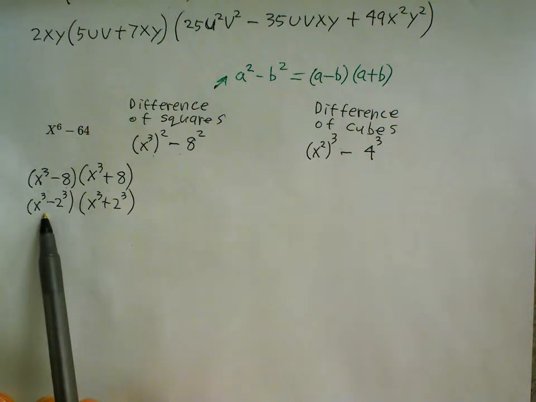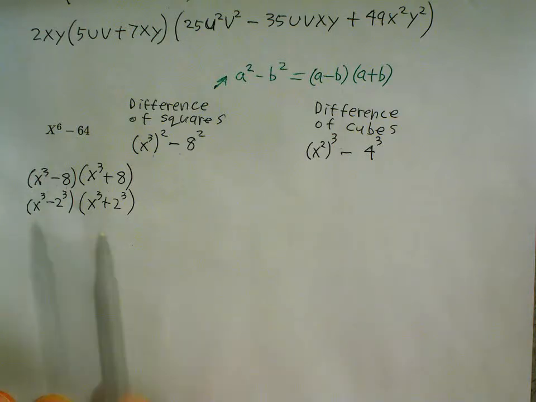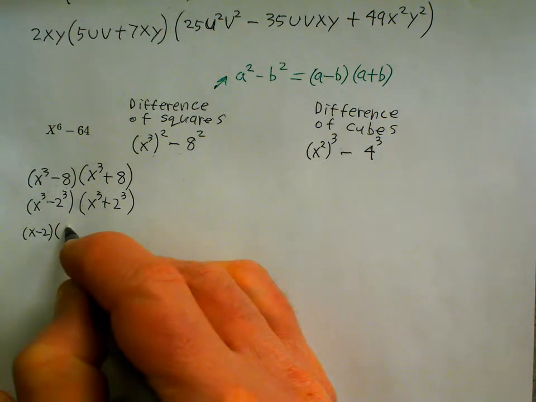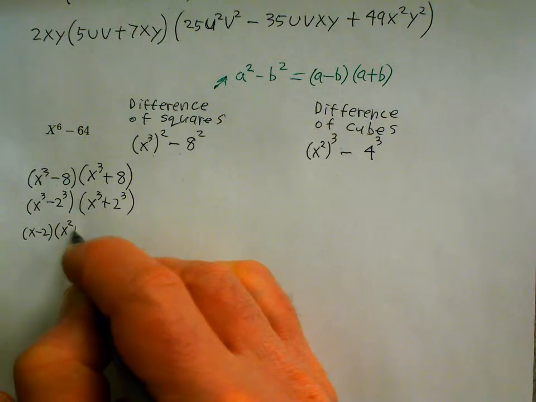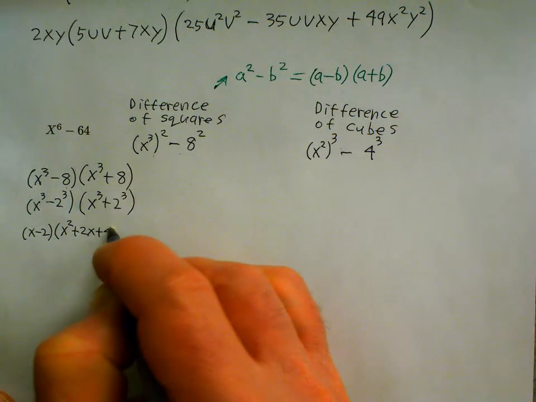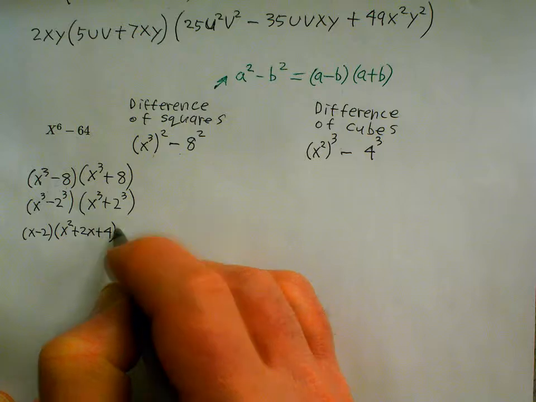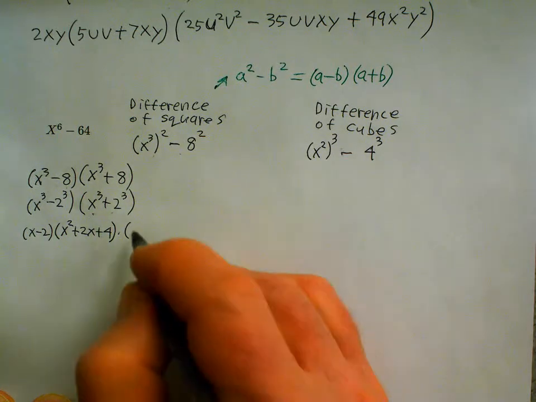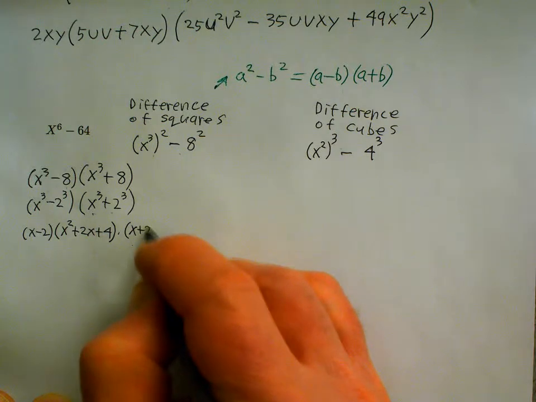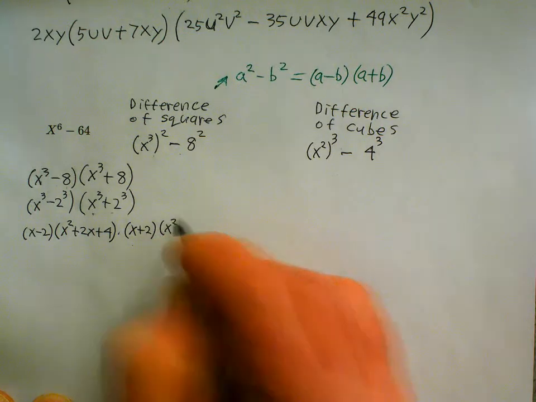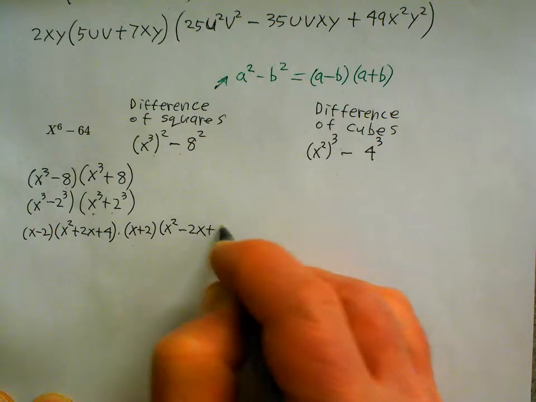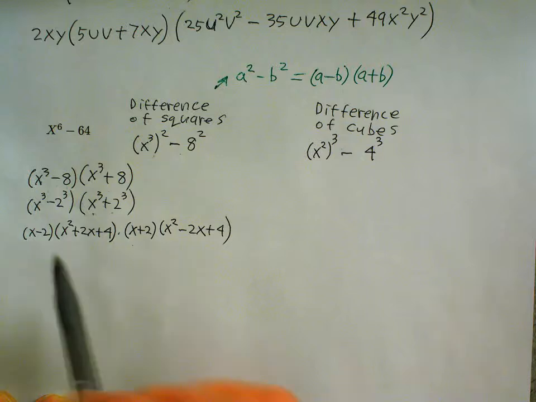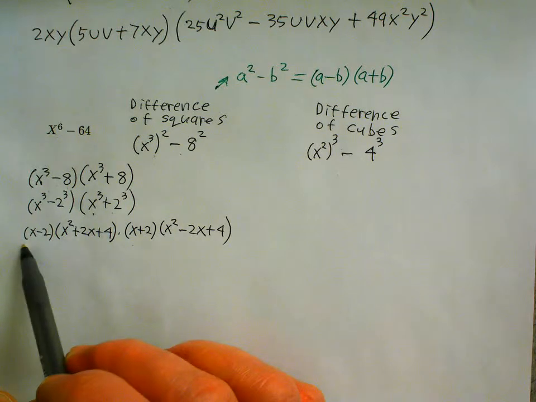So when we factor x to the third minus 2 to the third, we get x minus 2 times x squared plus 2x plus 4. And then when we factor x to the third plus 2 to the third, we get x plus 2 times x squared minus 2x plus 4. Okay, so this is our factorization.